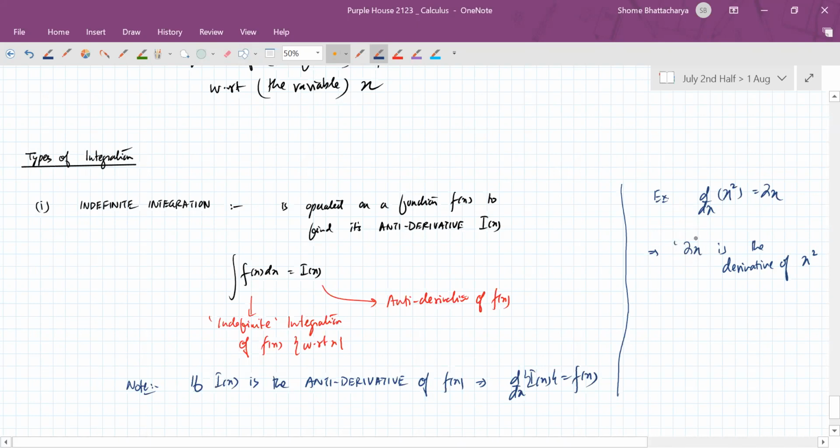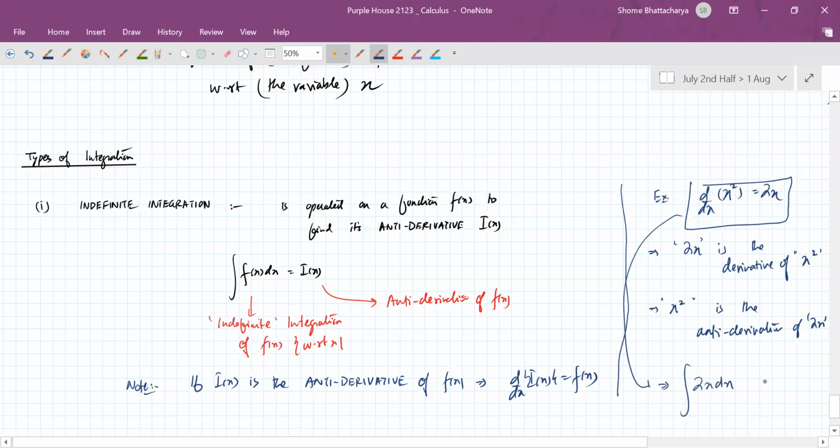It is the antiderivative. x square is the antiderivative of 2x. In symbols, differentiation of this gives me this, so the reverse is that integration of 2x with respect to x should give me x square. If differentiation of I(x) is equal to f(x), it means integration of f(x) is equal to I(x).